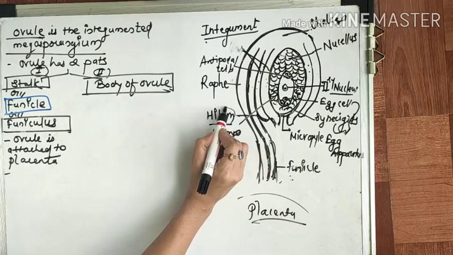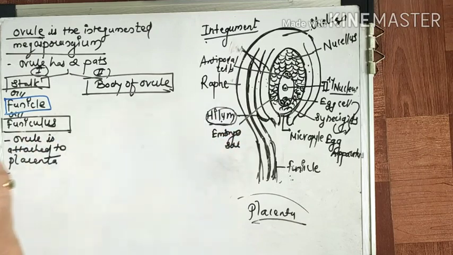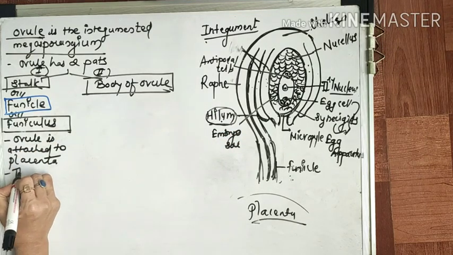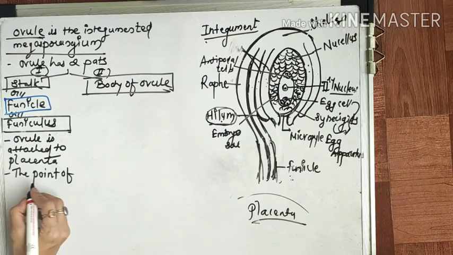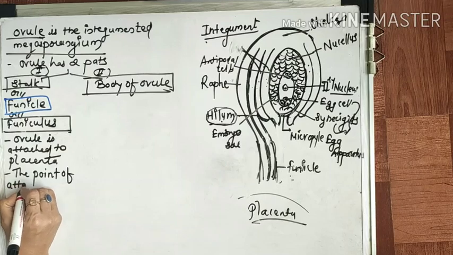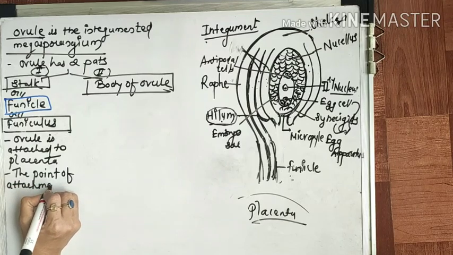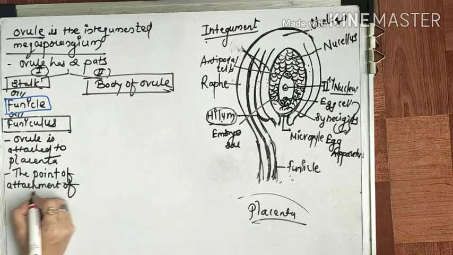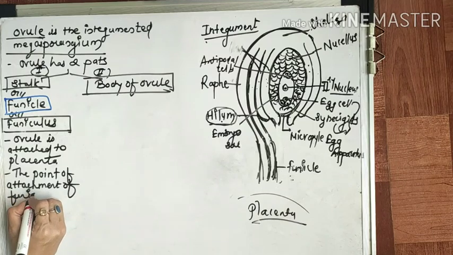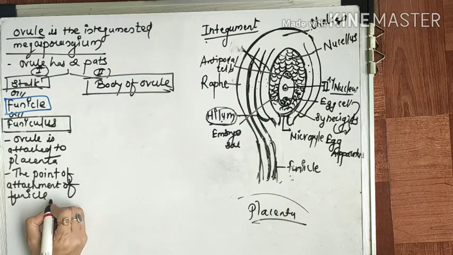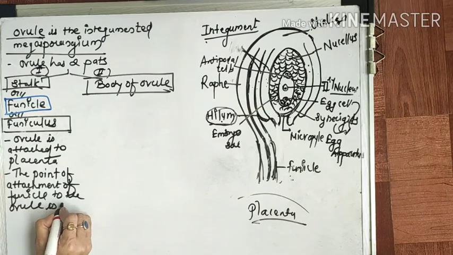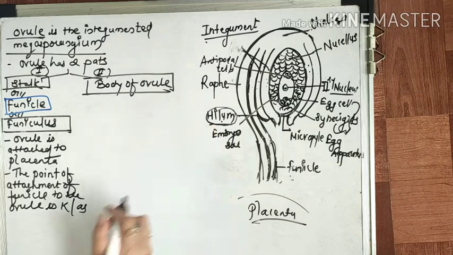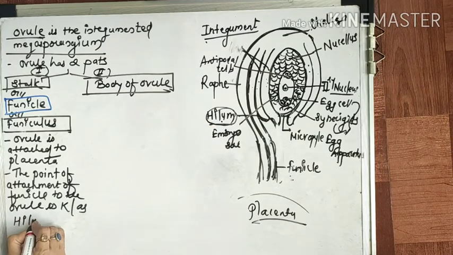That point is known as hilum. So the point of attachment of funicle to the ovule is known as hilum.